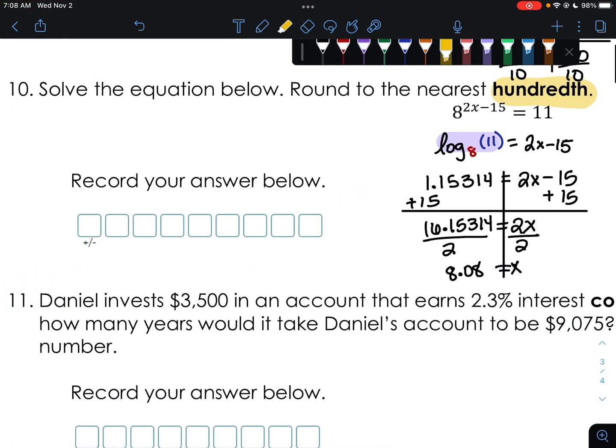So when I type my answer into the boxes, again, I start right here next to the plus or minus sign, 8.08. Okay, you do not have to put anything in this box, but again, my suggestion is always starting closest to that box. But it doesn't matter where you type it in as long as you type in the answer.